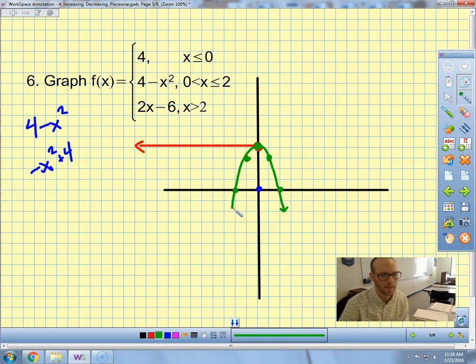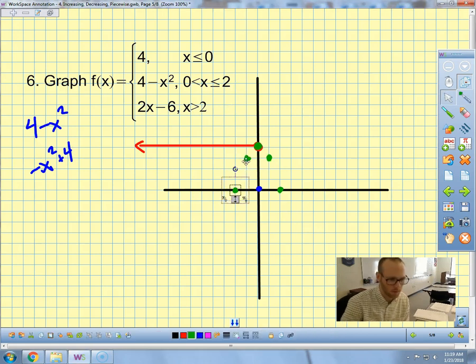Okay. Now this parabola then would look like that. But let's recall the domain for this piece of the function. 0 is less than x, which is less than or equal to 2. So are we going to have anything to the left of 0? Okay. And we're only going to go up to 2. So if I were to do this again, I need to get rid of the left part.